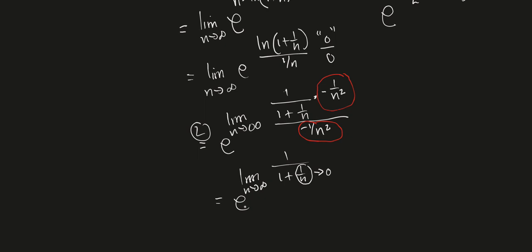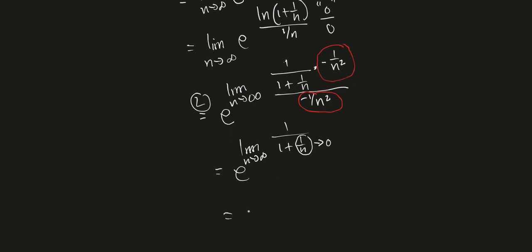So I'm left with e to the power 1 over 1 plus 0. So that ends up being e. Magical, right? Not e factorial, just e, like exclamation, smiley face.